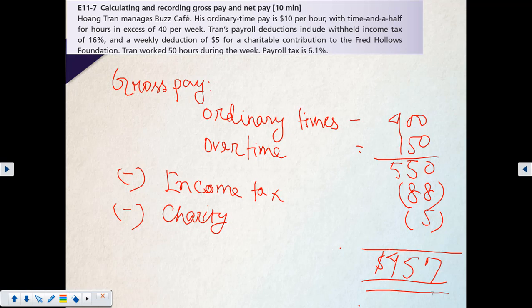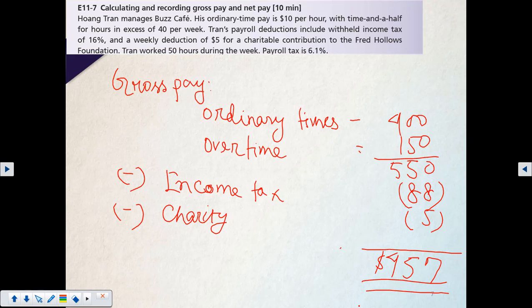If I deduct charity first, then calculate the income tax, will it be right or wrong? No. We will calculate income tax based on your gross salary. Whenever the ATO deducts our tax, it is not based on how much I am contributing for charity and other stuff. They already deduct the tax based on my income. Simple, right?